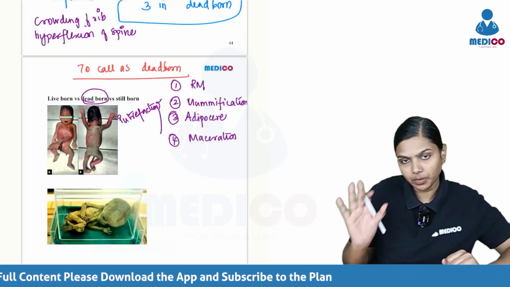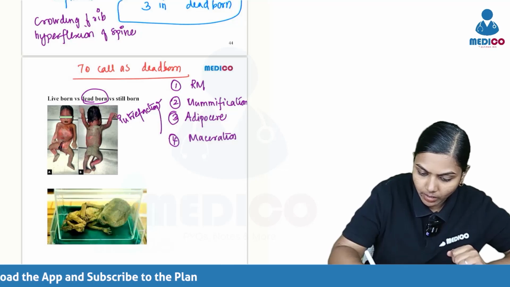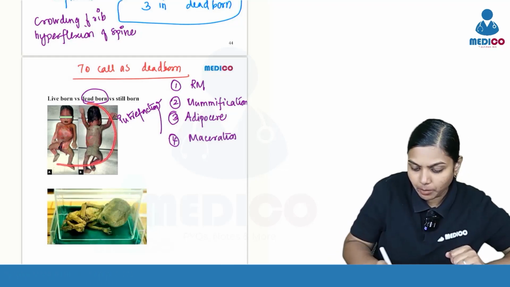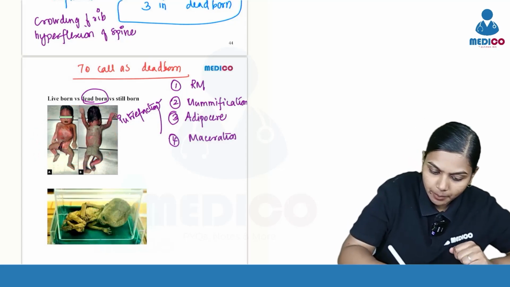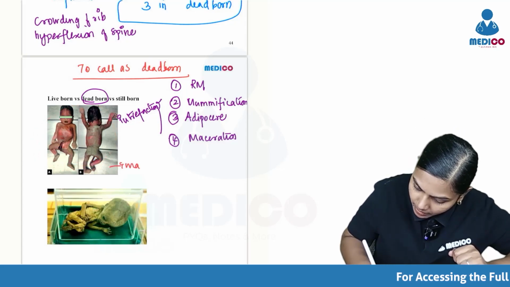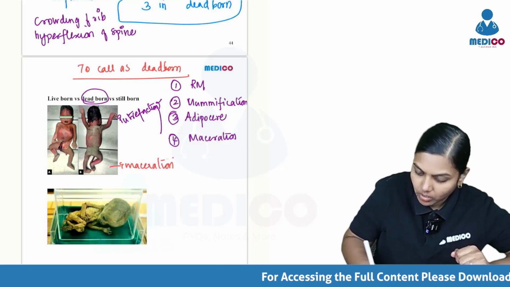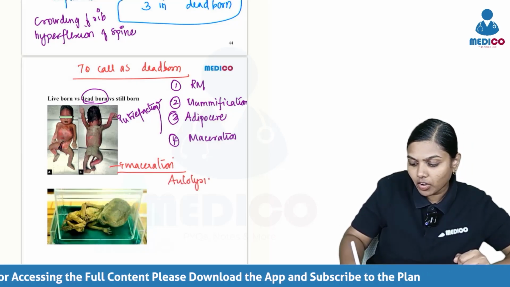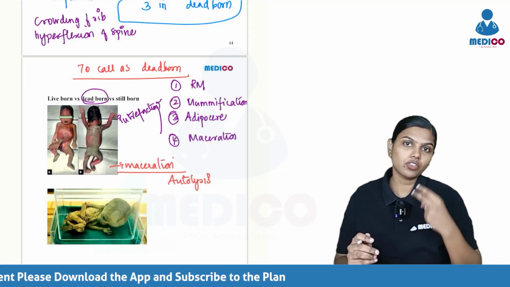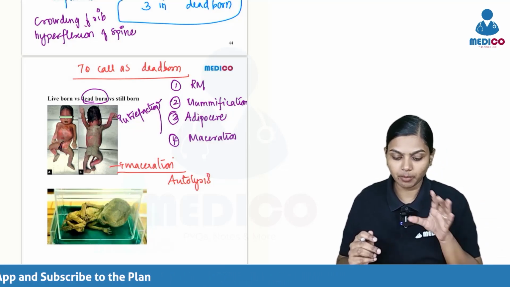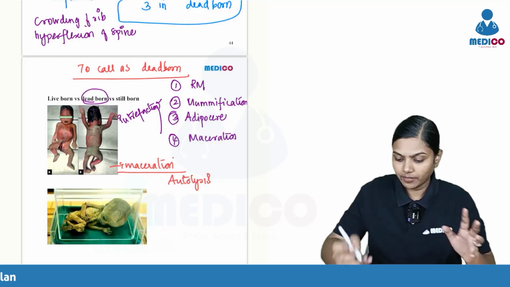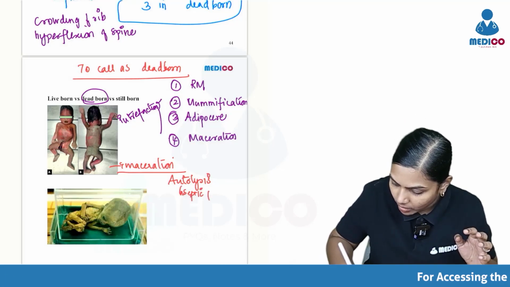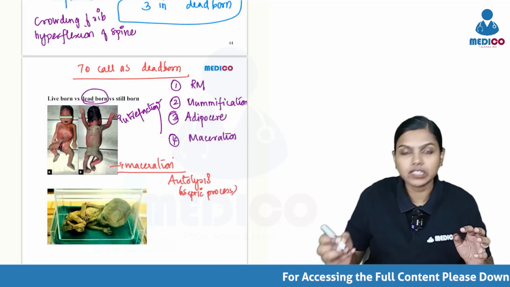First, we will see about maceration. Here, do you see this peeling of skin, this reddish bloated baby? This is a macerated baby. Maceration is nothing but autolysis. We saw in decomposition, right, that it consists of autolysis and putrefaction. Maceration is autolysis, an aseptic process.